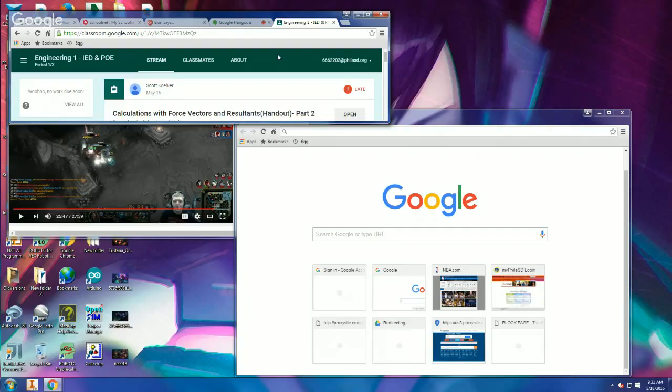So if Ming-Wang's calculations are correct, I can take the two vectors acting on that island group, G and H, and replace them with one vector. That's the resultant, the net effect of both of them acting on it.